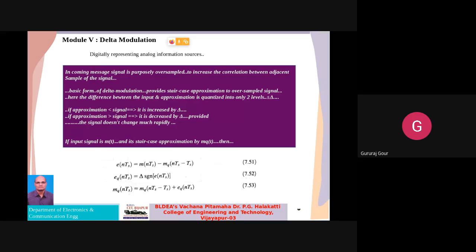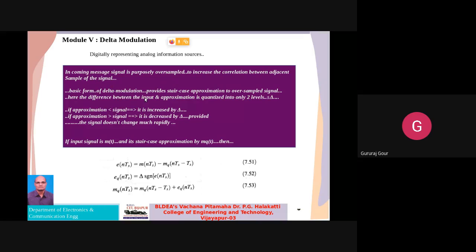So here I have written: the incoming message signal is intentionally oversampled, not undersampled, to increase the correlation. This is the main intention, the main purpose. That's why they do it intentionally, that is oversampling, to increase the correlation between adjacent samples of the signal.